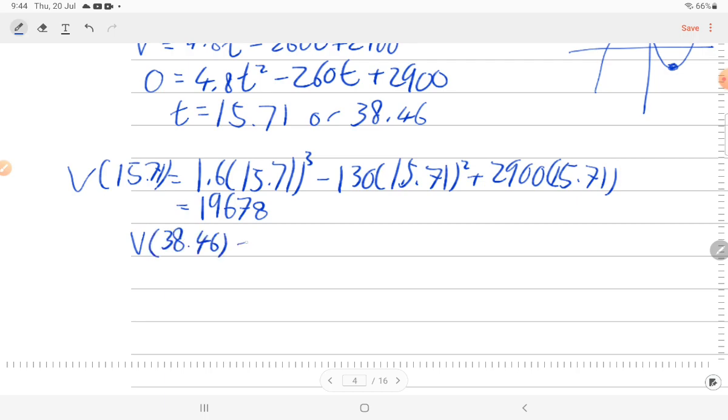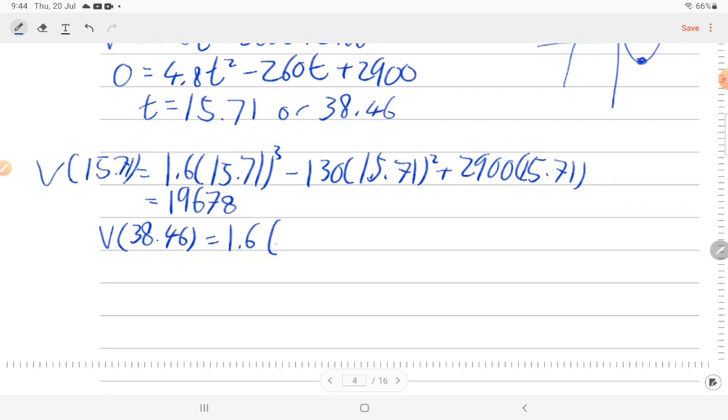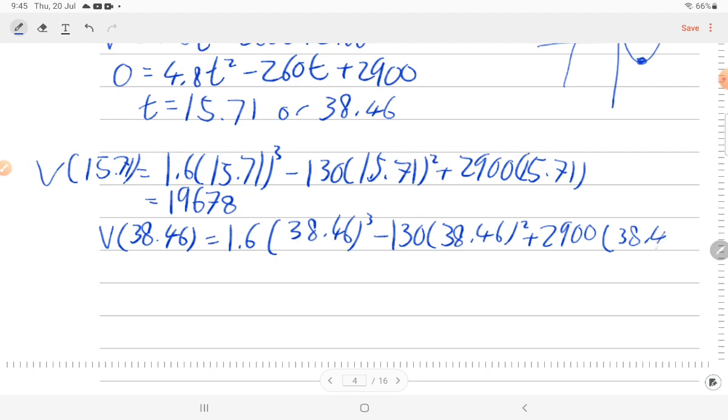v of 38.46 is equal to 1.6 of 38.46 cubed, take away 130 of 38.46 squared, plus 2,900 of 38.46.